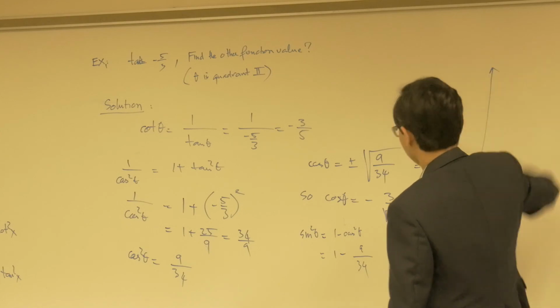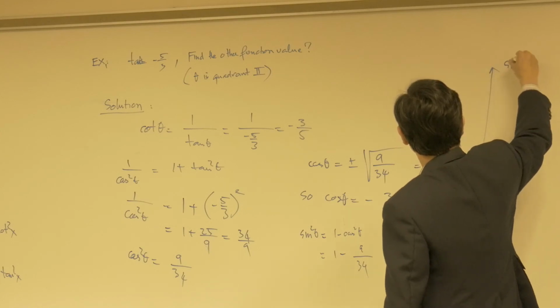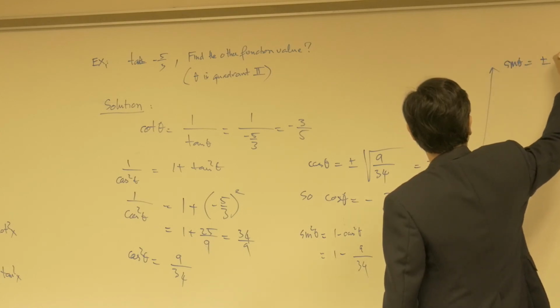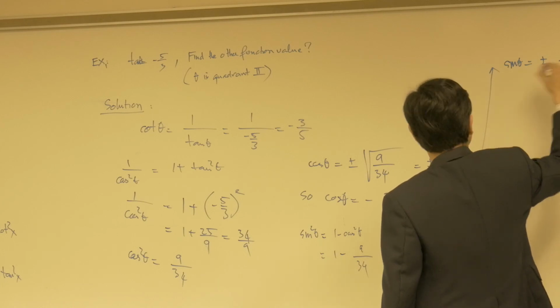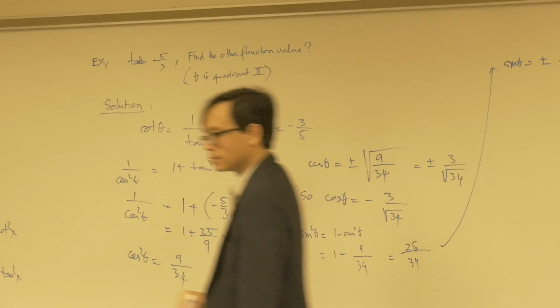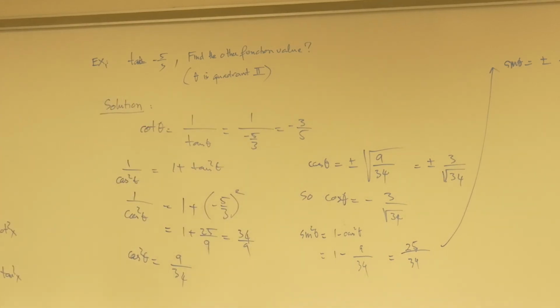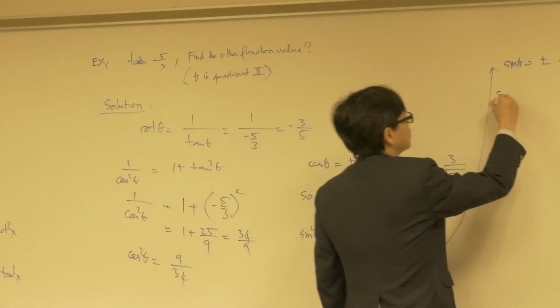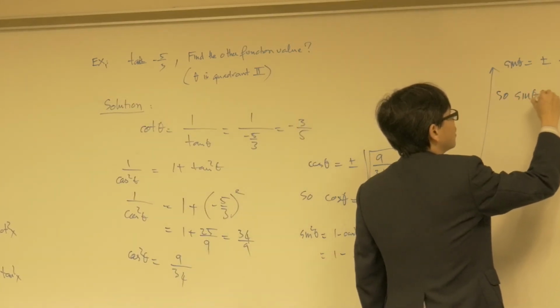So from here I can take the square root to get sine, again plus or minus 5 over square root of 34. And which one will you take, positive or negative? Positive, because this is quadrant 2.